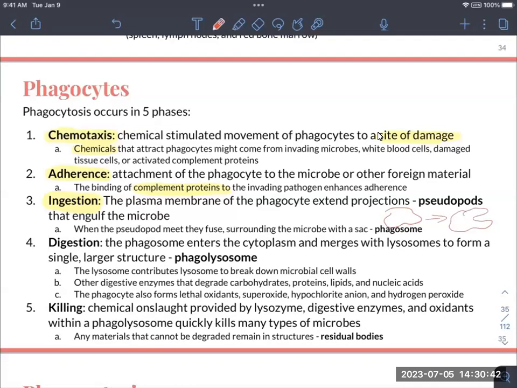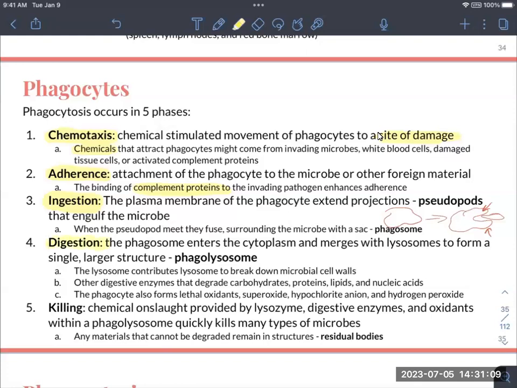Now that looks like a tooth. And whatever microbe may be here, it wraps it around. These are pseudopods, these projections that wrap around to eat up that microbe. They fuse together.